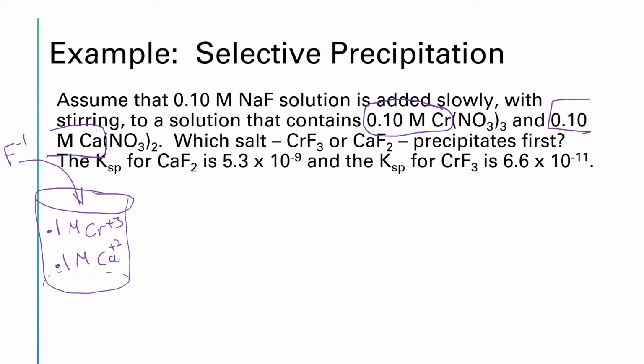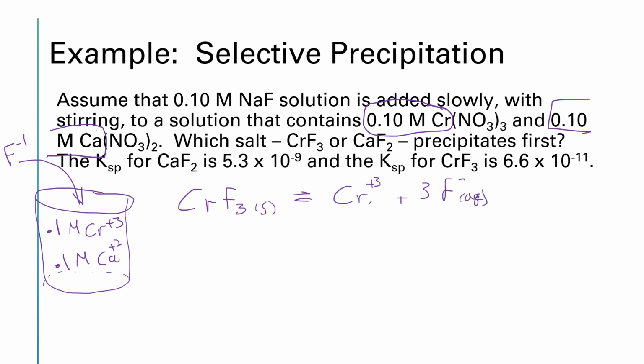So on this slide, I'm going to tackle chromium, and on the next slide, we'll tackle calcium. So we are going to have chromium 3 fluoride solid in equilibrium with chromium ions plus 3 fluoride ions.